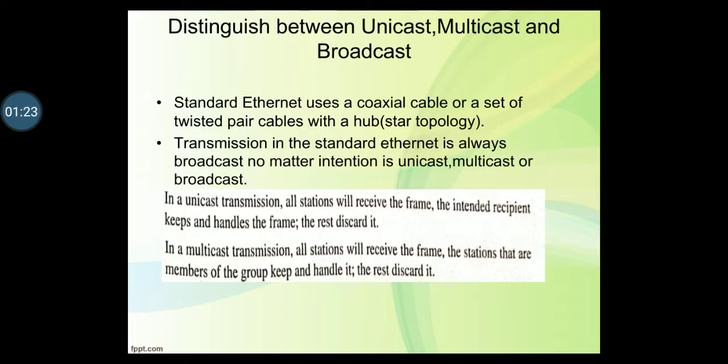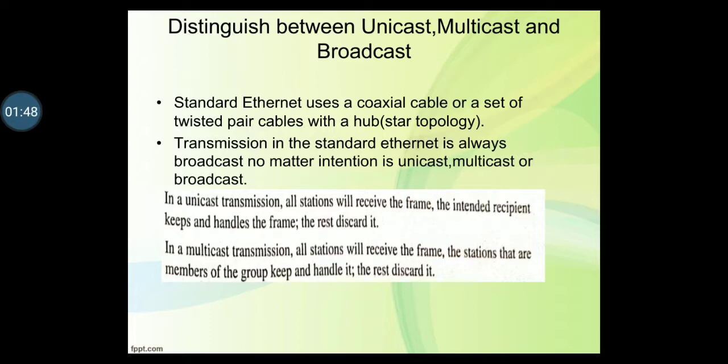In star topology, when station A sends a frame to station B, the hub will receive it. As the hub is a passive element, it does not check the destination address of the frame. It regenerates the bits and sends them to all stations except station A. So it floods the network with the frame.